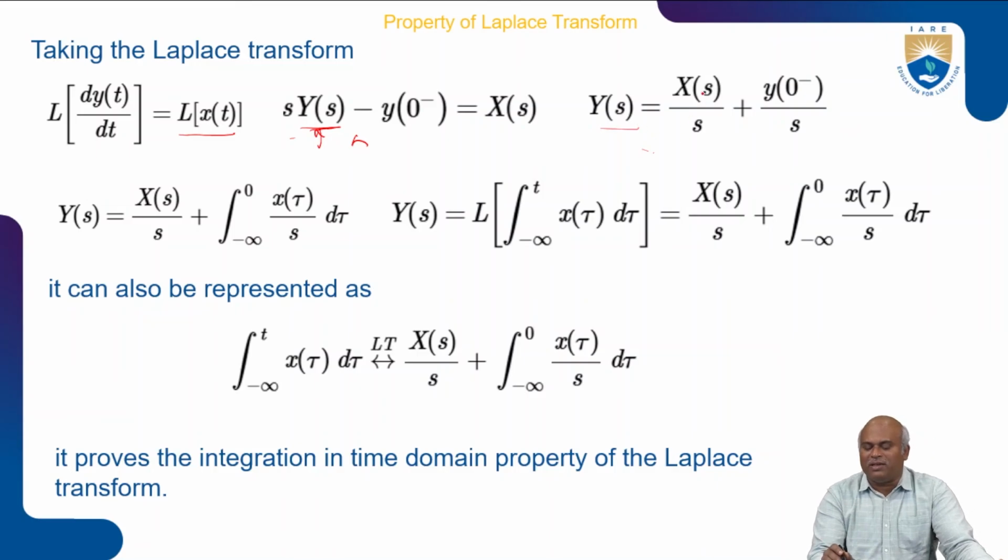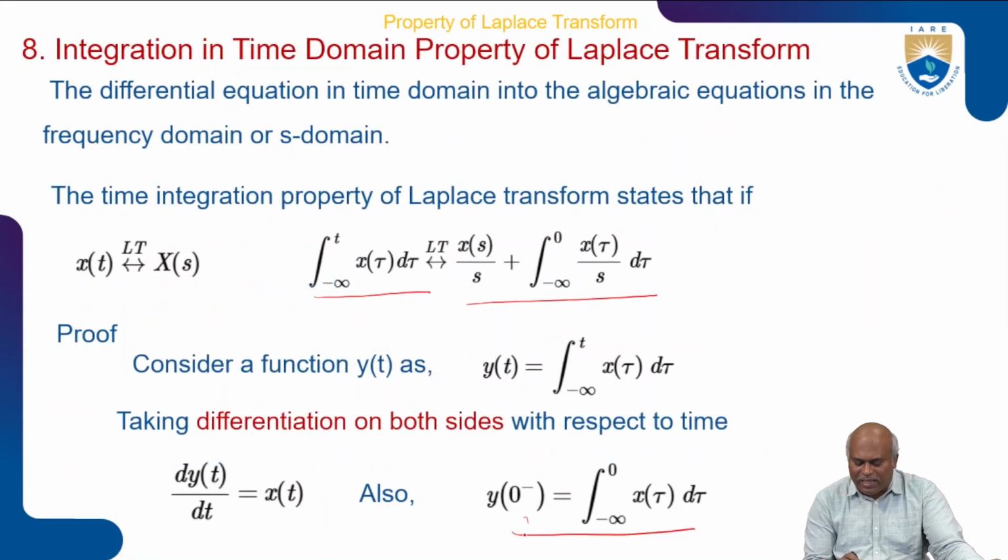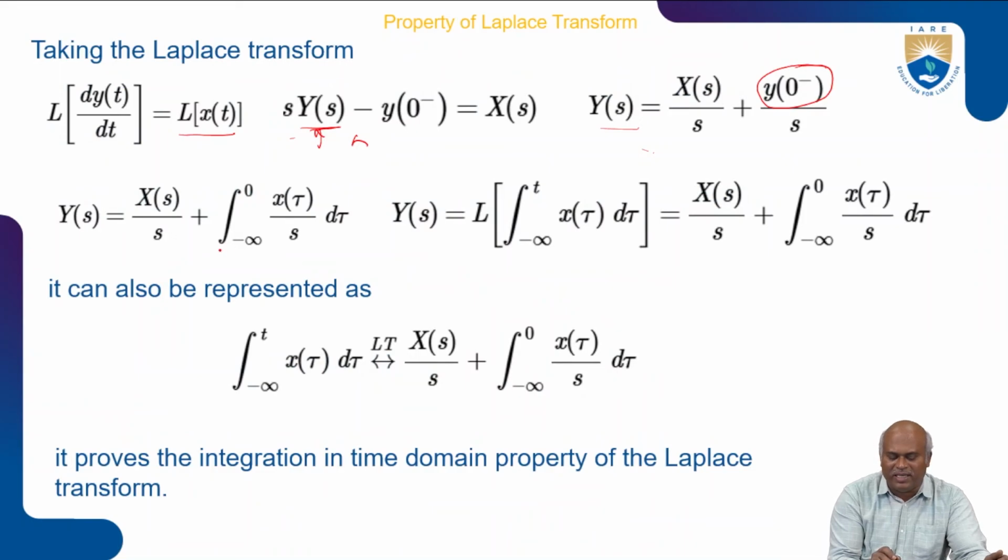That's why y of s equals x of s divided by s plus y of 0 minus divided by s. Now I write y of s equal to x of s divided by s plus the integration from minus infinity to 0 of x of tau divided by s d tau. For y of 0 minus, equal to the integration from minus infinity to 0 of x of tau d tau, I should substitute here.